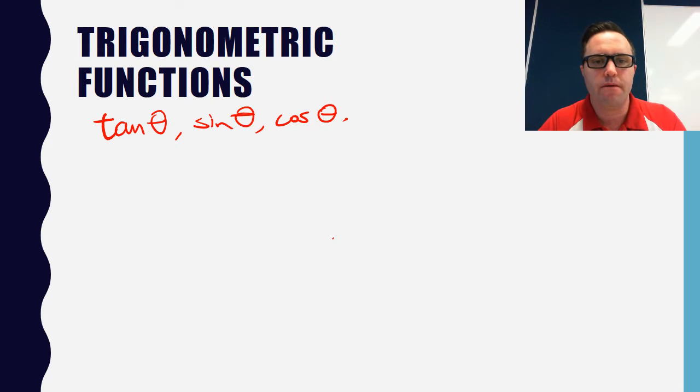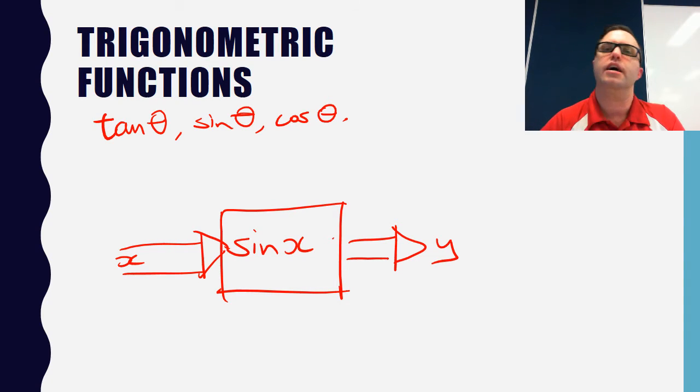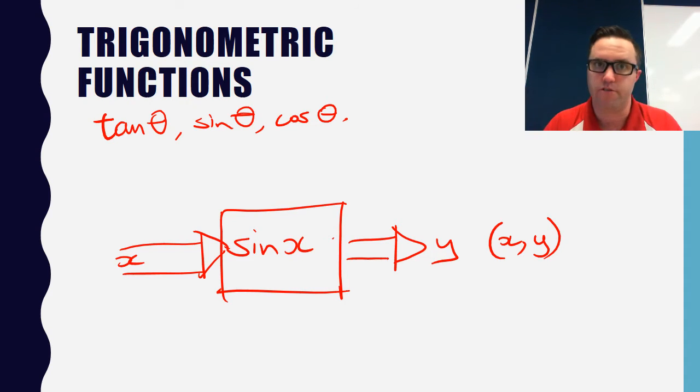So this can be maybe a sine x function, and that means that a whole bunch of x values are going to get fed in this end, and then a whole bunch of corresponding y values are going to come out the other end, paired together as an xy coordinate, therefore ready to be plotted.